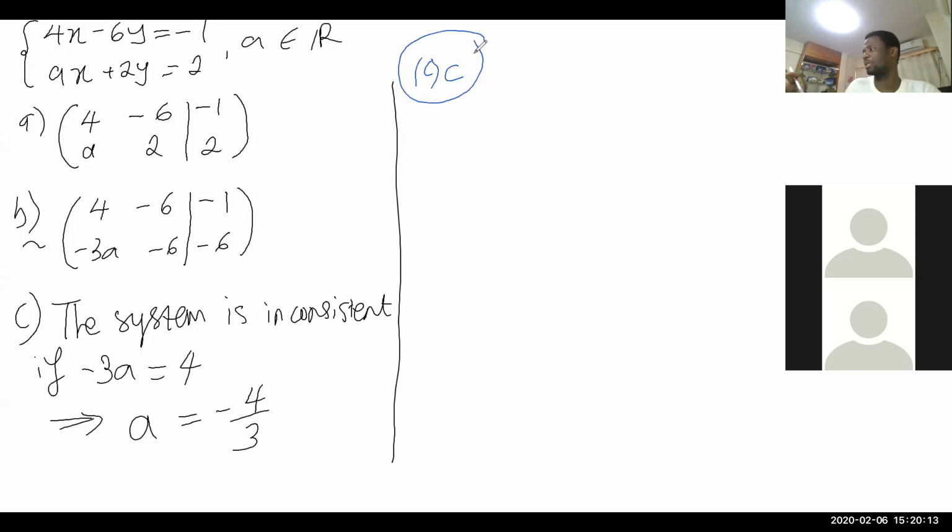All right, let's look at 19C. It says use row operations to solve the system 2x plus 3y equals negative 8, x plus 4y equals negative 9.